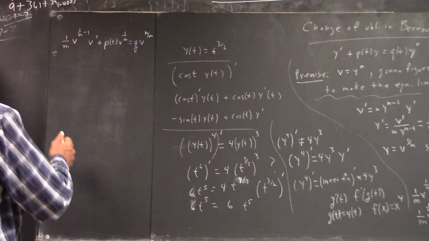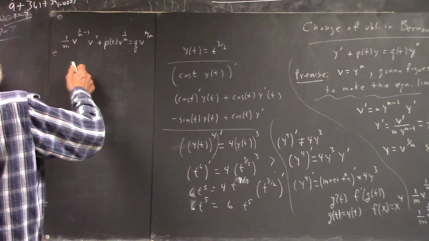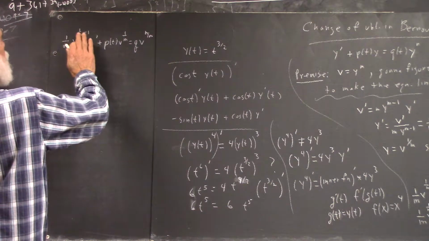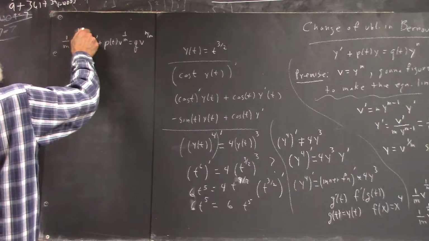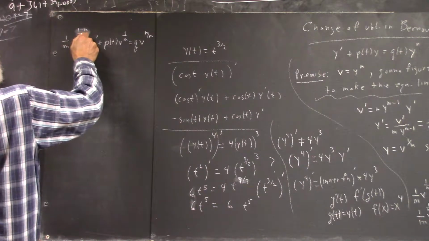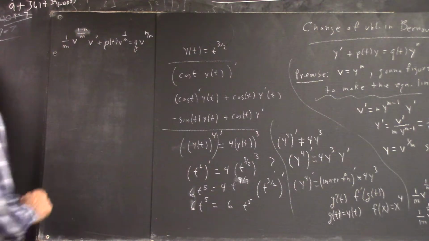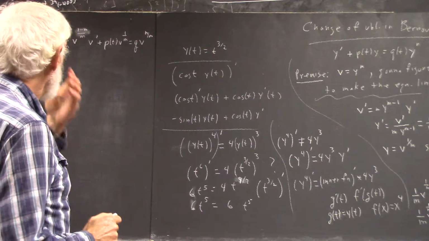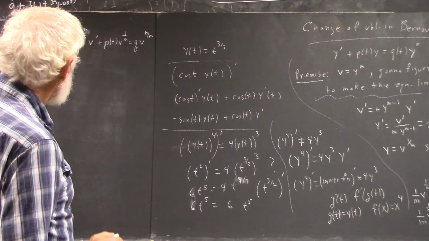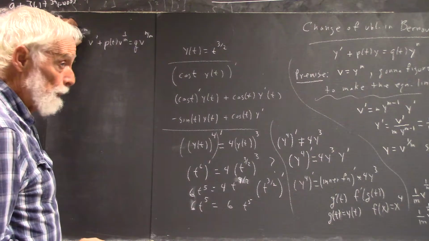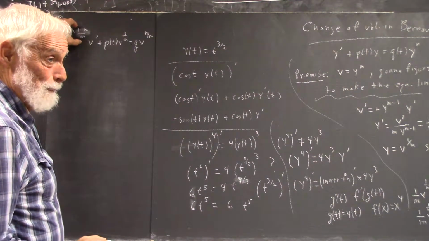So I'm going to change this to the 1 minus m over m form. I don't really have to do that, because when I take the reciprocal, I'm not going to take the reciprocal of this power, right?